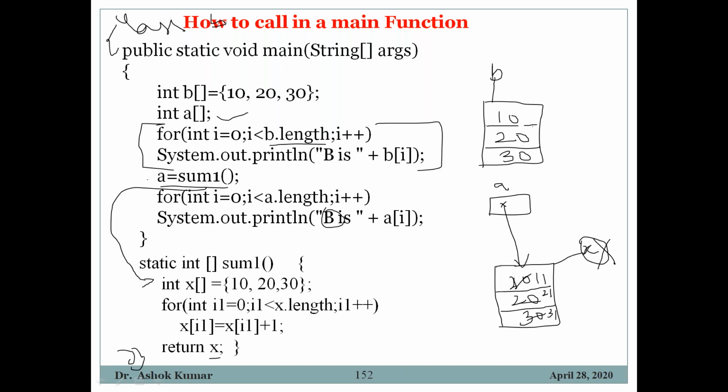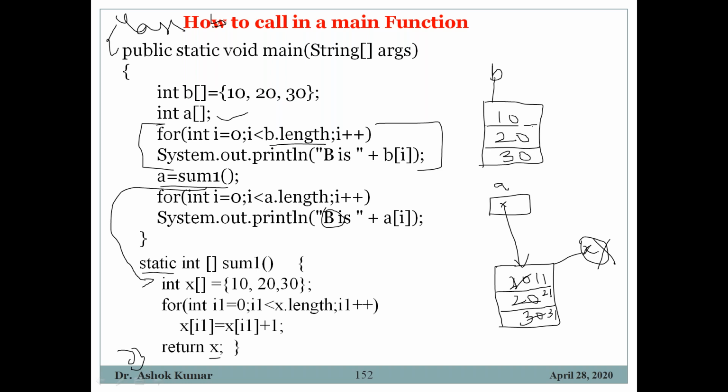And the main important point is why we have attached static to this sum method. This main is static, main must be static, right? And if main is static, as we will discuss in the coming lectures, a static method of a class can access only the static members of the class. So if you want to call any method from main, that method must be static, right?